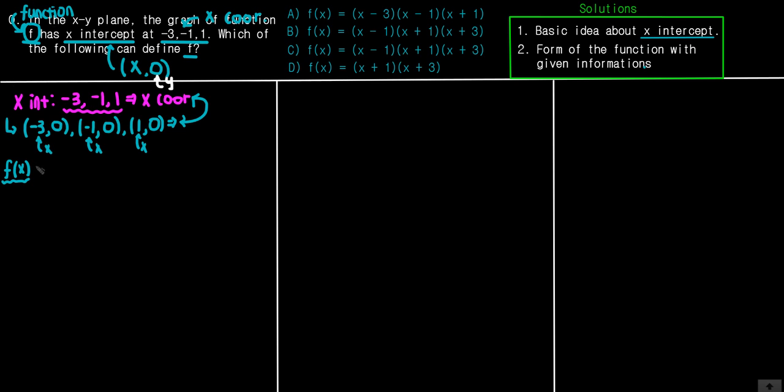So f of x is equal to, and the reason we wrote x is because it is a factor of our function, which means when you input the value of -3, -1, 1, they give us an output of our function, which is y, always equal to 0.